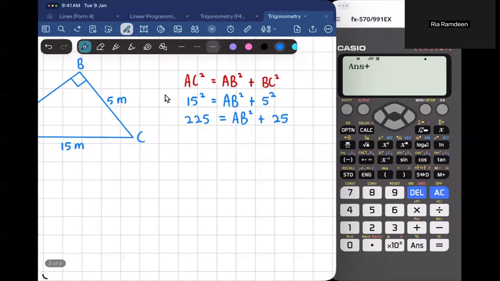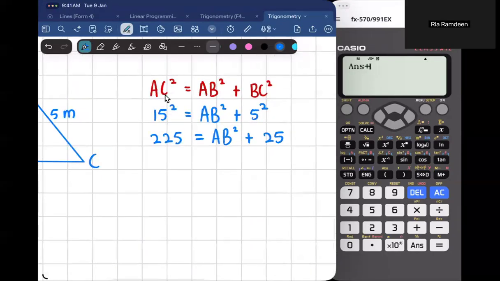I write it the other way instead, 25 plus AB squared. That's fine. Depending on how you write it, the working is fine. It's just the other way around.